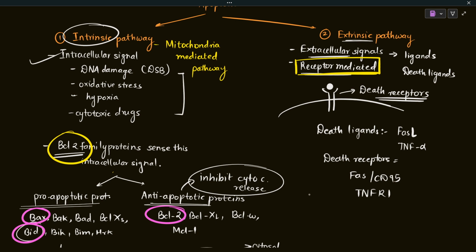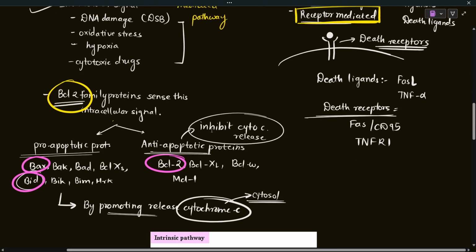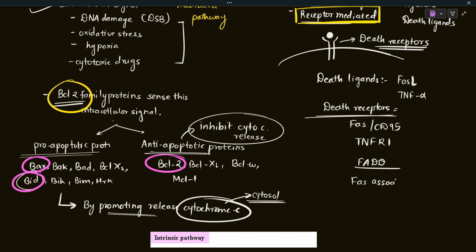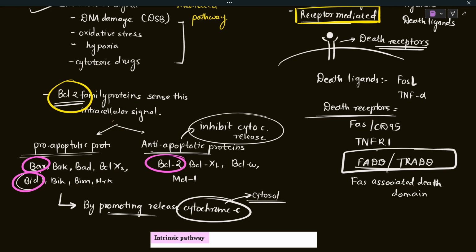Those death receptors have a death domain on the cytosolic side, to which adapter proteins bind, like FADD, which is FAS associated death domain, and then there is TRADD, TNF receptor associated death domain. So these are the death domain adapters which are present on the cytosolic side.